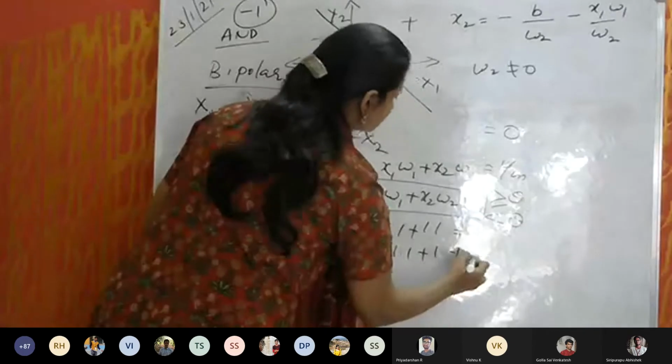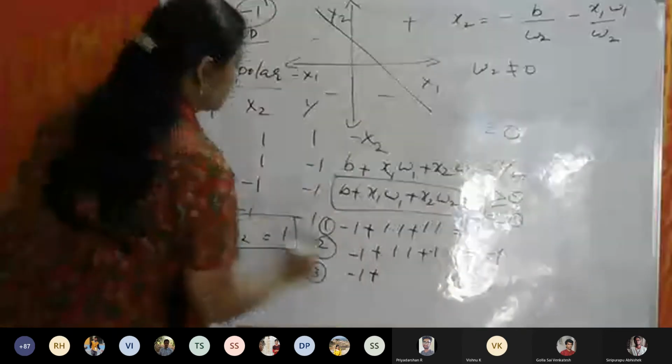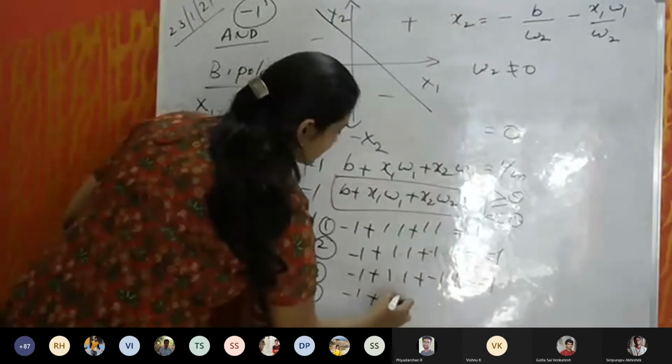For the second case, -1 plus 1 into 1 plus 1 into -1, which is -1. For the third case, -1 plus 1 into 1 plus -1 into 1, and that is -1. And the last case will be -1 plus -1 into 1 plus -1 into 1, which is -3.